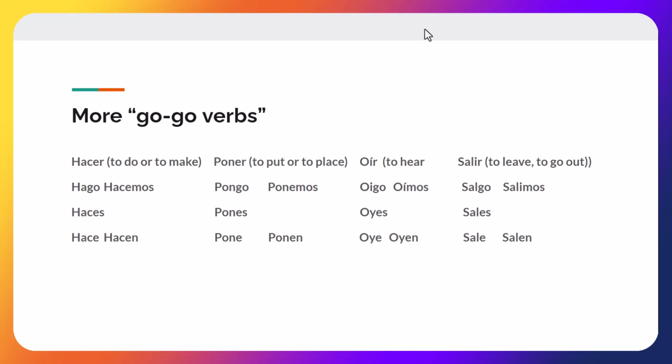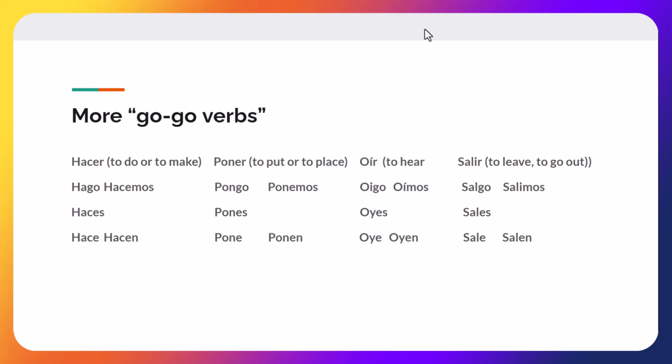All right, oír, meaning to hear, is an example of a verb where I have an I that I either have to put an accent on in order to make sure that the stress falls on that syllable, or I have to change it to a Y because I want my stress to fall on the O. I don't want to say oi, I want to say o, and then the rest of the verb.